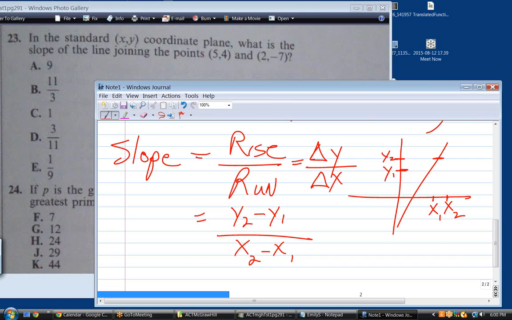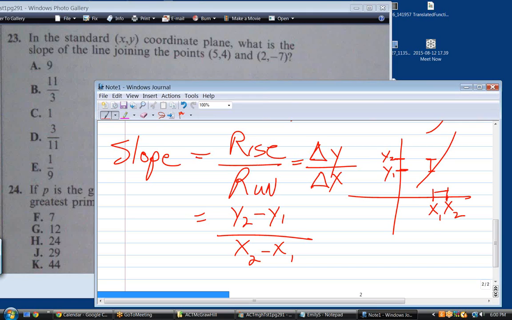So the distance between there and there is the rise, and the run is this distance between there and there.